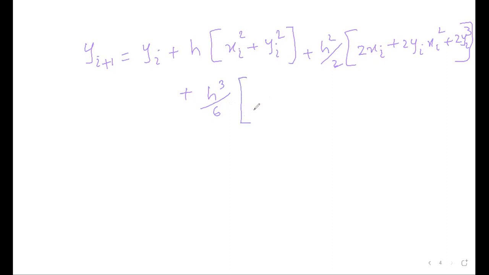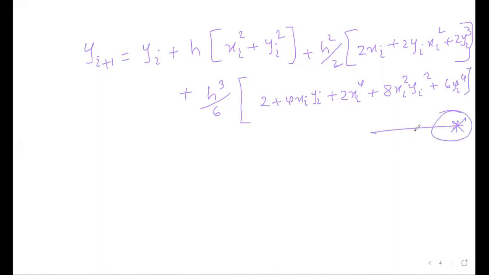Then plus 2 plus 4 xi yi plus 2 xi to the power 4, plus 8 xi squared yi squared, plus 6 yi to the power 4. Just substitute whatever you got. Now this is our actual equation that we're going to work out. So this much we have derived.